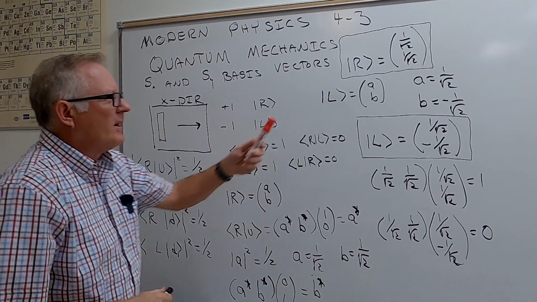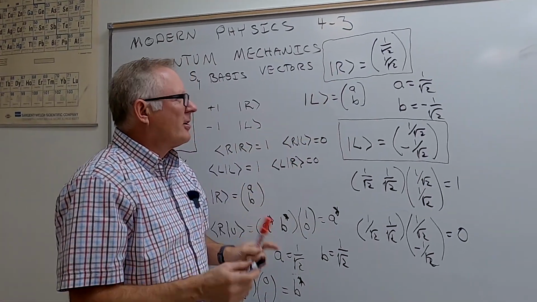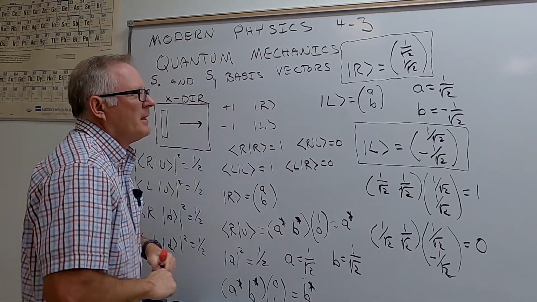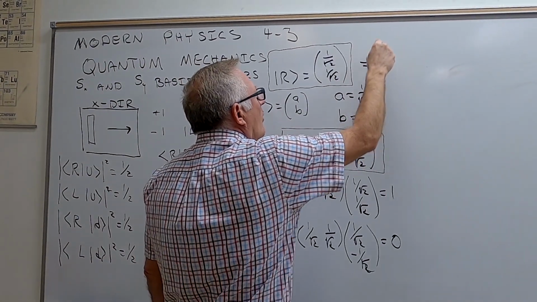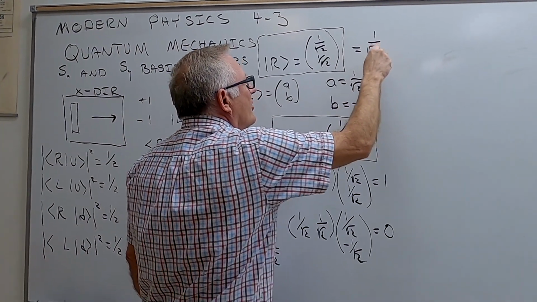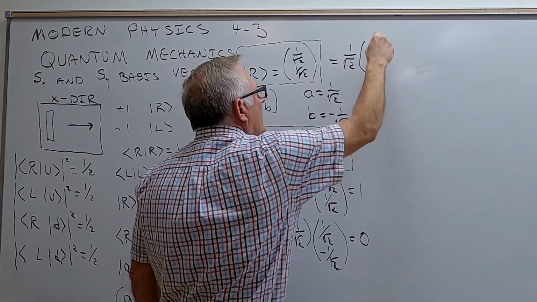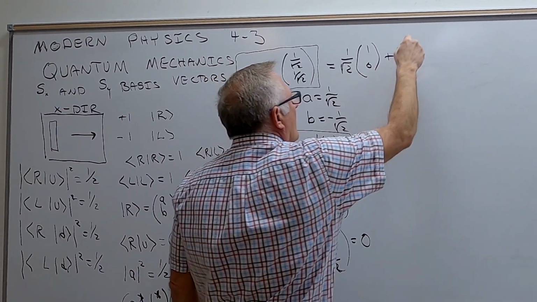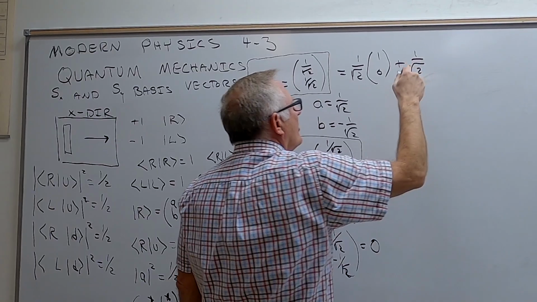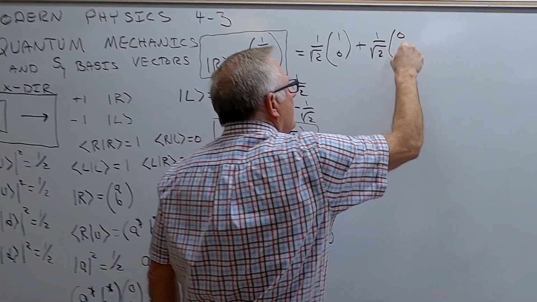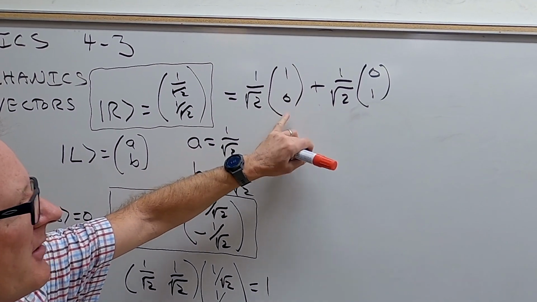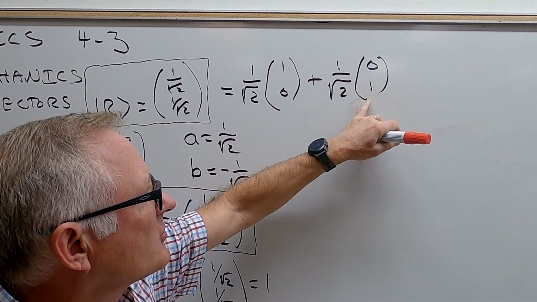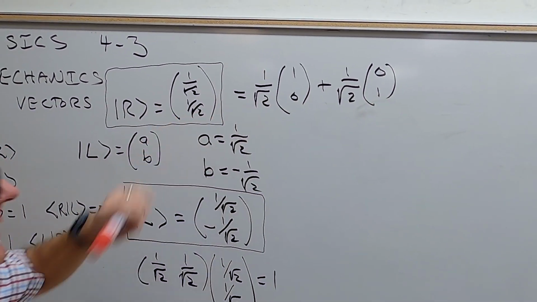Now I could have written right and left in terms of ups and downs, because I could write this as 1 over the square root of 2 times 1, 0, plus 1 over the square root of 2 times 0, 1. You noticed if I put this together, it'd be 1 over the square root of 2, 0, plus 0, 1 over the square root of 2. Combine them together, I would get that.